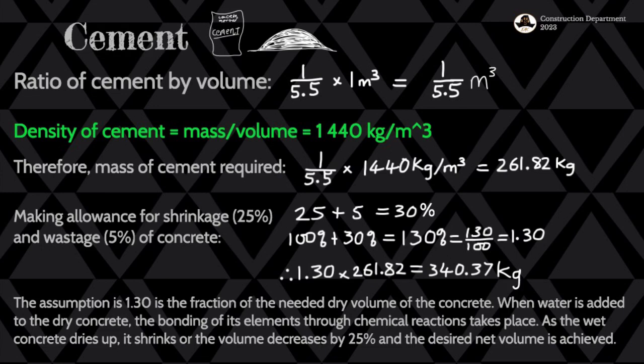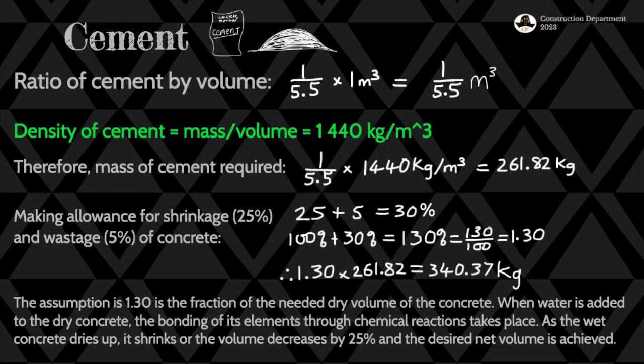Density is equal to mass over volume, or mass divided by volume, which is equal to 1,440 kilograms per cubic meter. So that's the density of cement in general for our example. Therefore, for the mass of cement required, we'll rearrange that equation to become mass is equal to density times the volume.